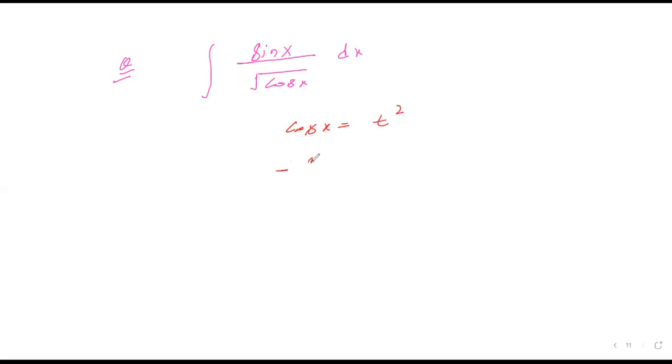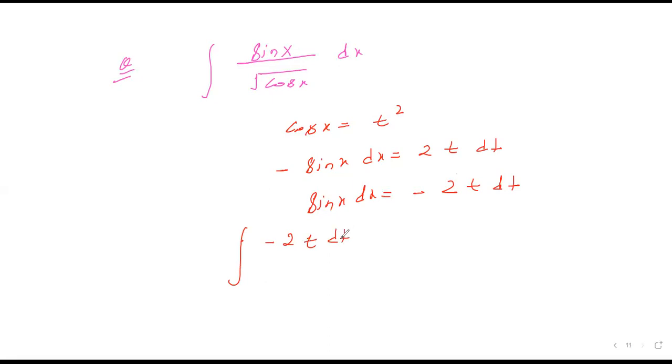Now you can write minus sin x dx as 2t dt. It means you can write sin x dx as minus 2t dt. So finally, you get minus 2t dt whole upon square root of t square, which is basically t, so you can cancel t.